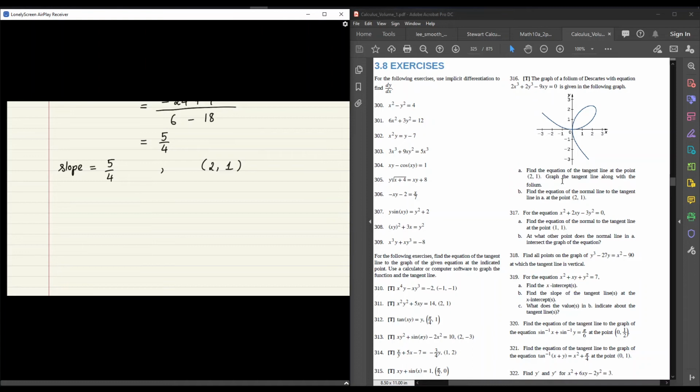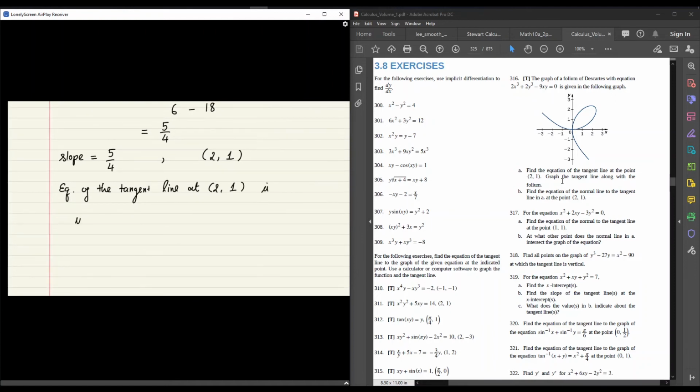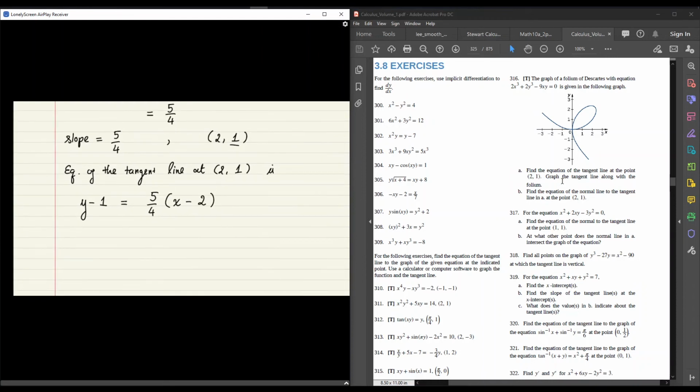So the equation of the tangent line at 2, 1 is y minus y1, which is 1, equal to the slope times x minus x1, which is 2. So this gives us the equation of the tangent line.